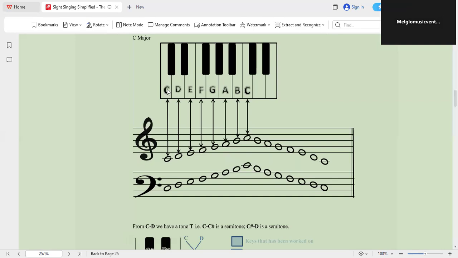So this is key C, the white key before the two black keys, and this is its representation on the staff, both on treble staff and bass staff. You can see all the keys. And so we are going to be looking at how this forms the major scale.